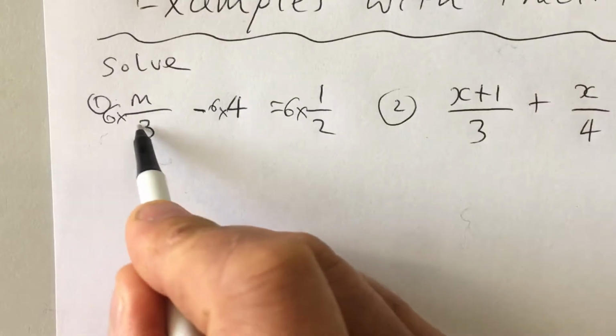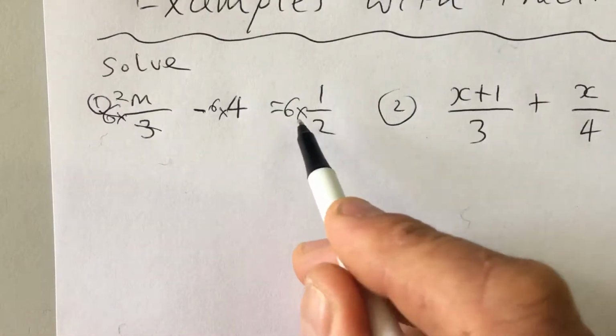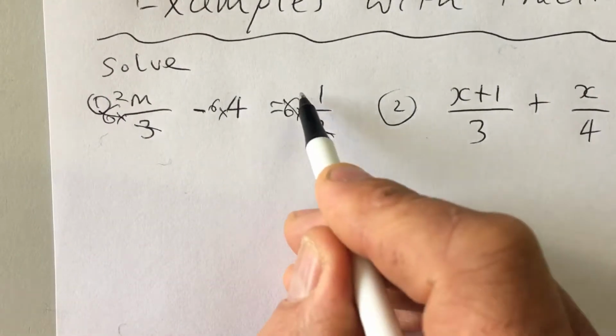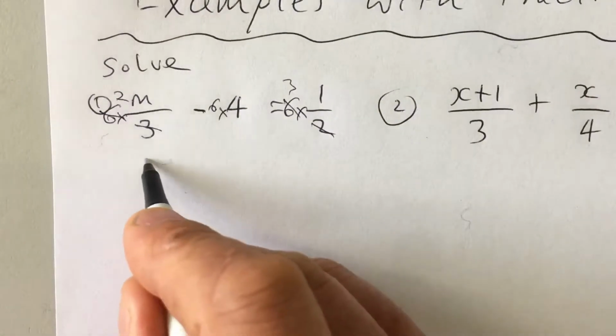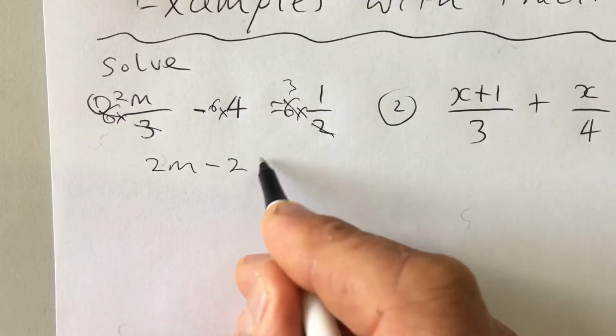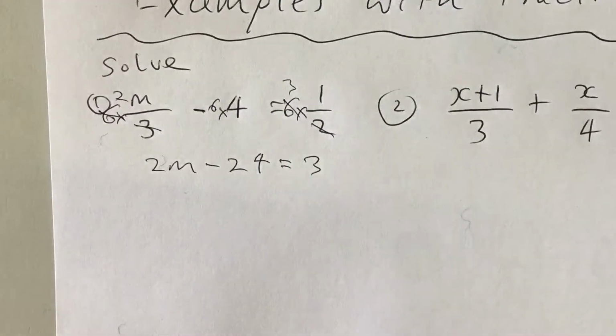And then I go, okay, 3 cancels with 6, giving you 2. 6 times 4 is still going to be 24. 2 cancels with 6, giving you 3. And then you just write the simplest answer, 2 times m, so 2m minus 24 equals 3. So that's the nicest first step, just to multiply by a number that gets rid of the denominators.